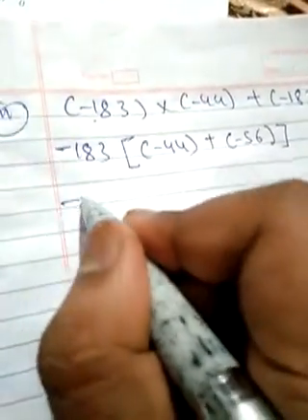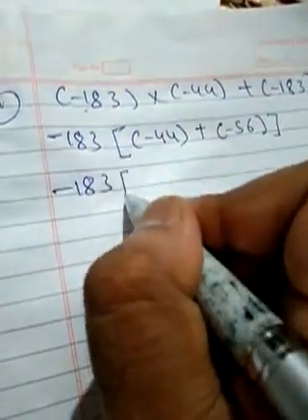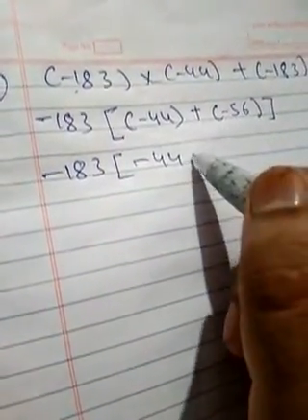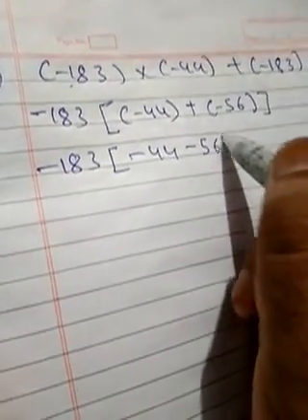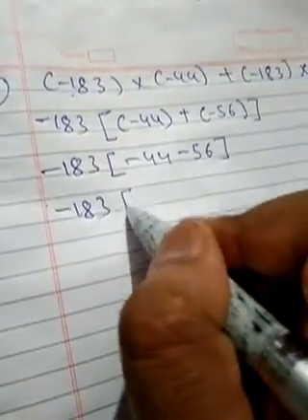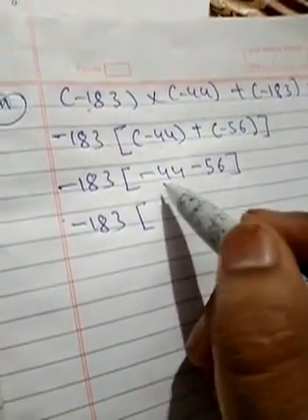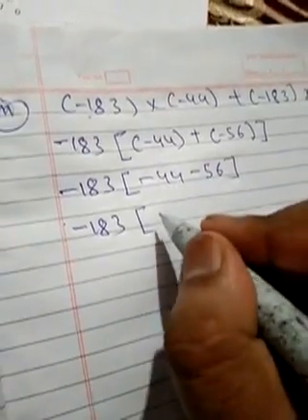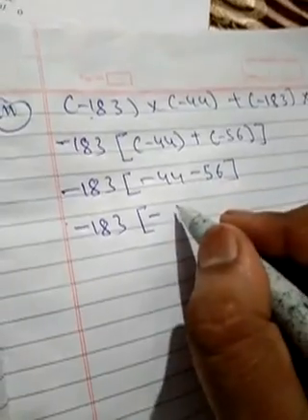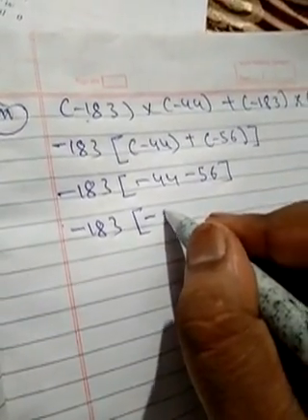Now minus 183, minus 44 plus minus becomes minus 56. Now minus 183, minus 44 minus 56, minus and minus become plus and the sign of negative will come. When we add 44 and 56 we will get 100.